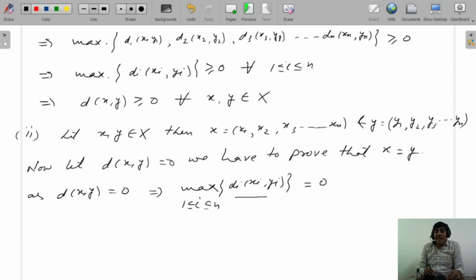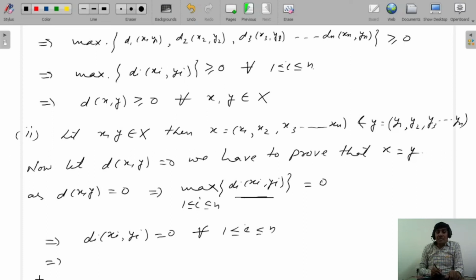All di(xi, yi) are non-negative, greater than or equal to 0 quantities, and their maximum is equal to 0. Therefore di(xi, yi) is equal to 0 for every i varies from 1 to n.